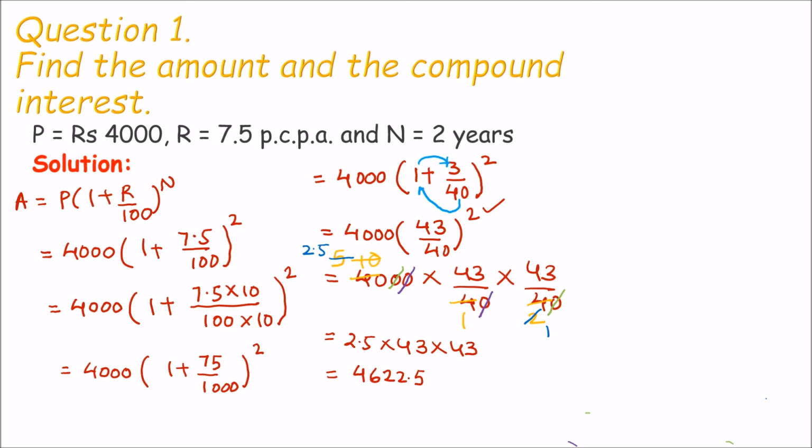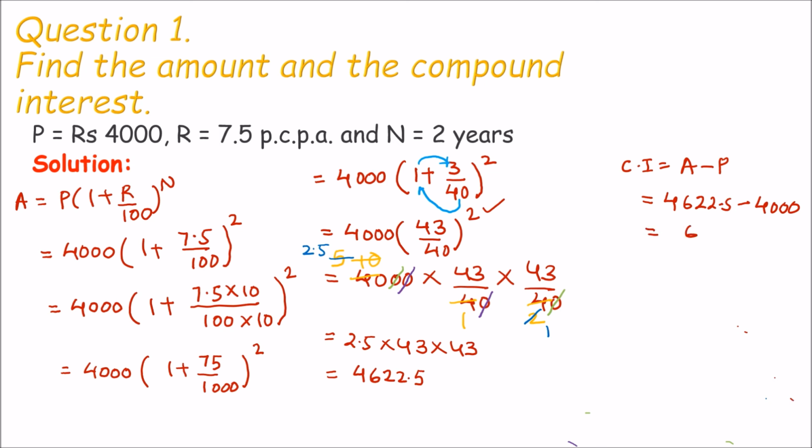Now we will find the compound interest. The formula is A minus P, that is amount minus principal. The amount is 4622.5 minus 4000. So we'll subtract 4000 from 4622.5.